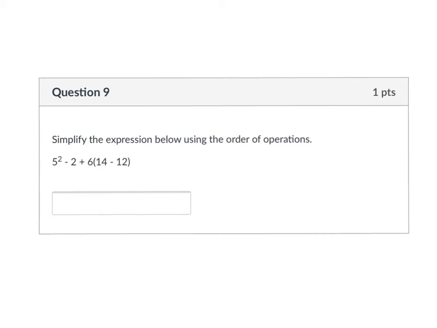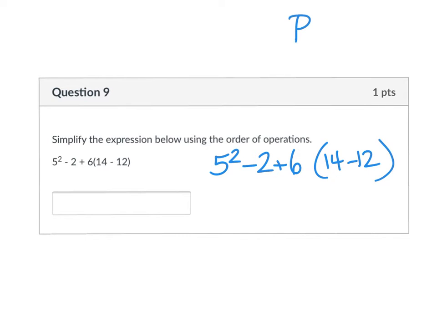Simplify the expression using the order of operations. So I'm going to write my expression, and thinking about PEMDAS, I'm going to start with my parentheses. So I'm not going to do anything to the first part of my expression yet. 14 minus 12 is 2.